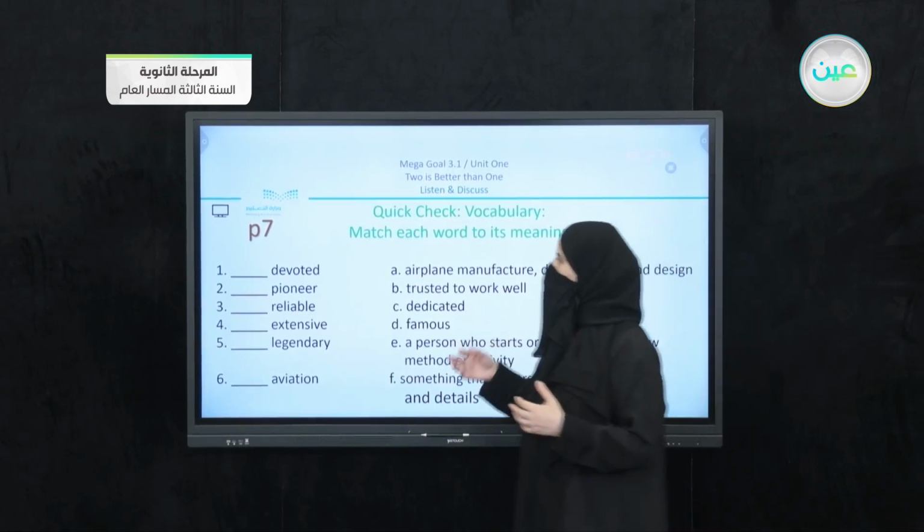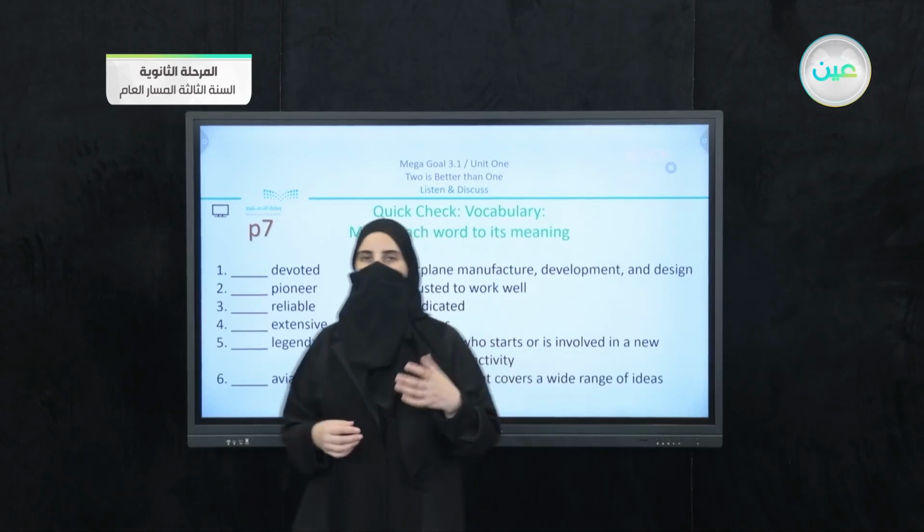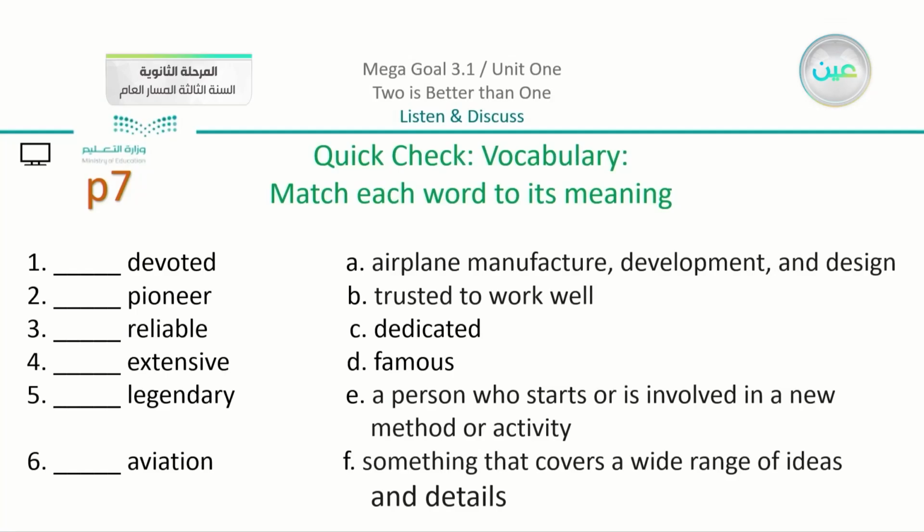Now, the first one, we have something related to airplane in A. We have here trusted, the word trust, and working well. We have one simple word, C, dedicated. We have famous, which is easy. We have here also E. Now E, we are talking about a person. What did this person do?